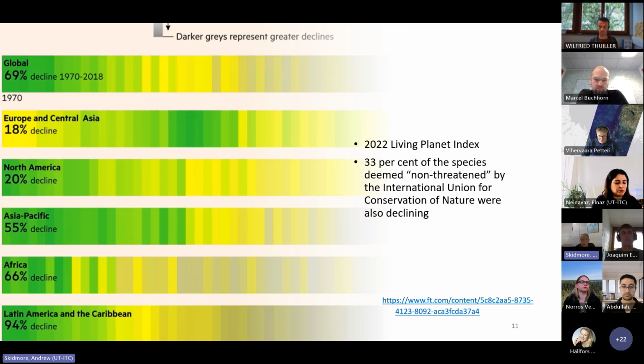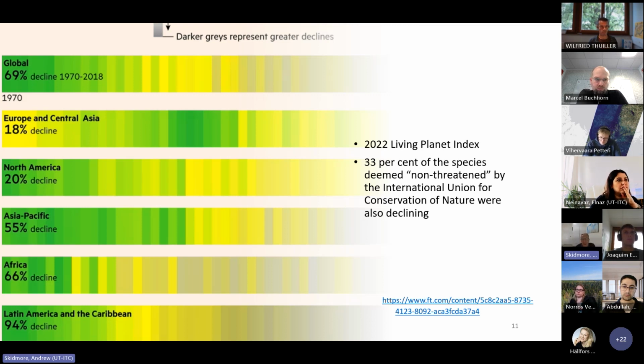Now we're looking at this combination of all the different IUCN categories, and this is a typical kind of study which is now being done, where we can see that there is a global decline, as we said, about 70%.